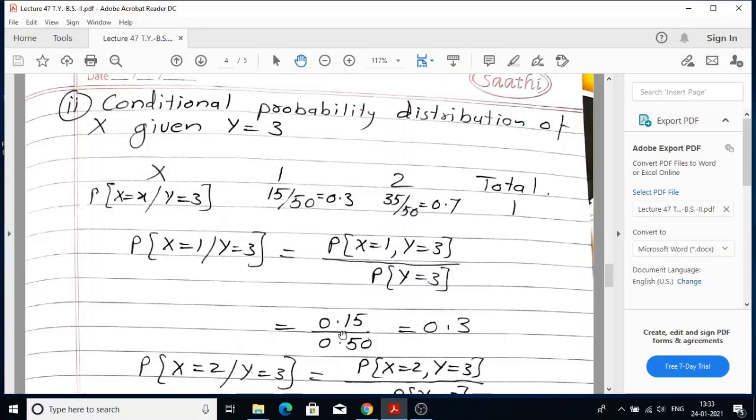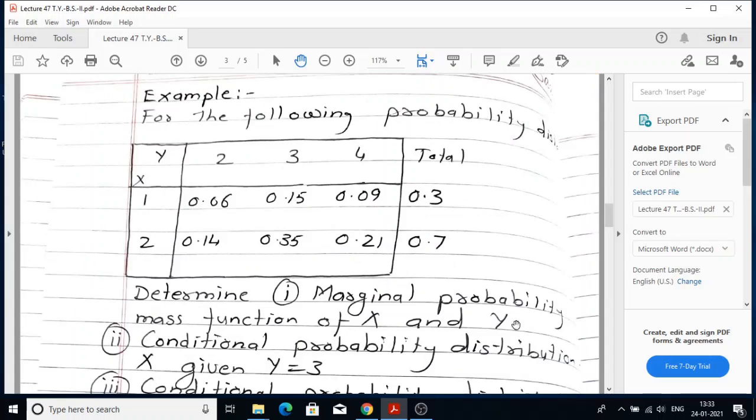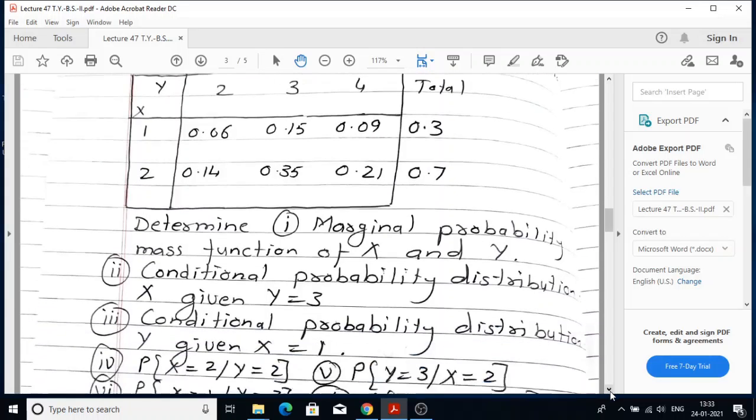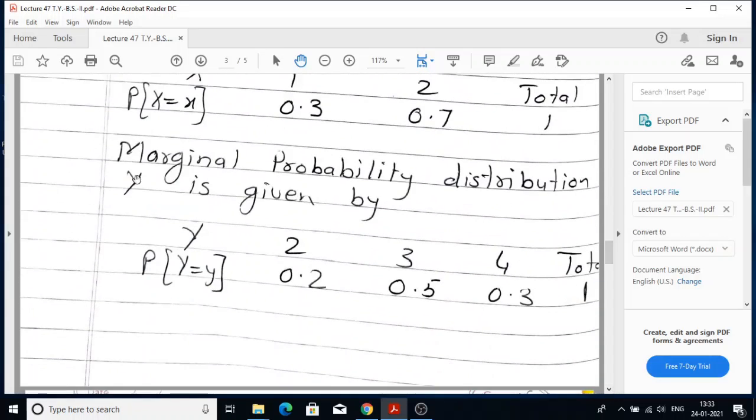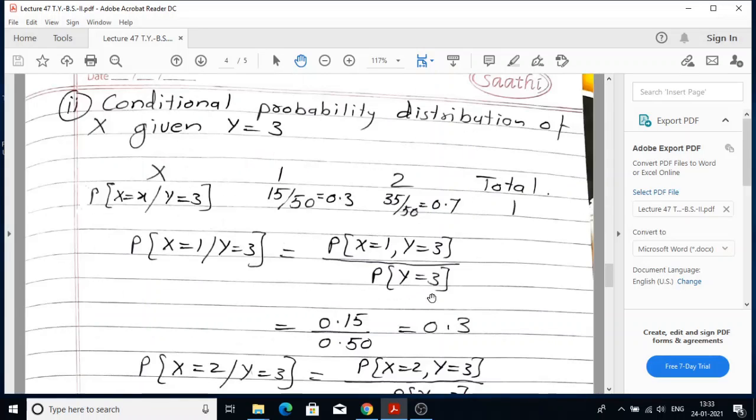So 0.15 divided by marginal y is equal to 3, the answer is 0.5. So 0.15 divided by 0.5, that is 15 upon 50, answer is 0.3. Second probability we will find.